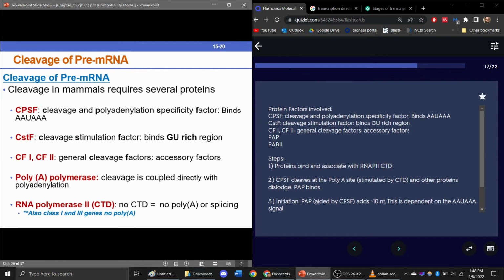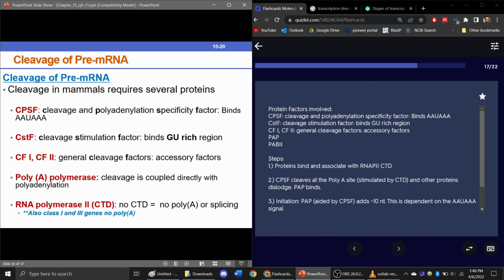Then you have CSTF, which is your cleavage stimulation factor, and this is going to bind to that GU-rich region. And then you have your general cleavage factors, which are CF1 and CF2.